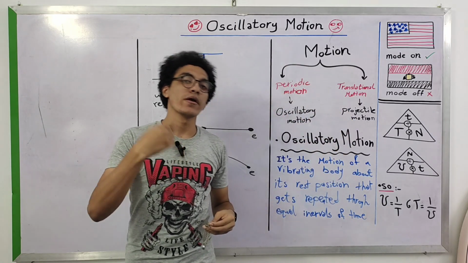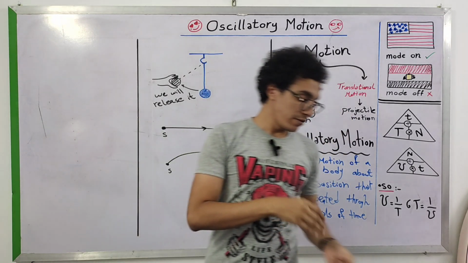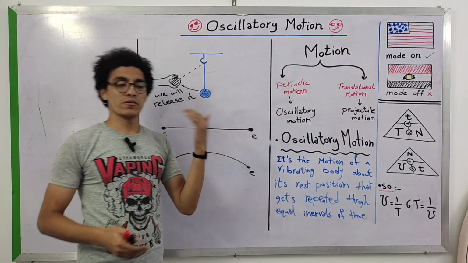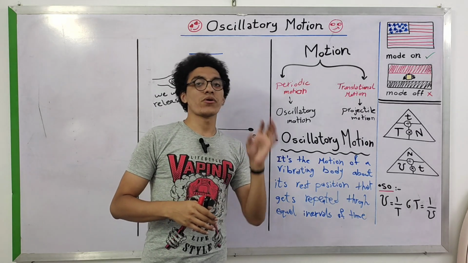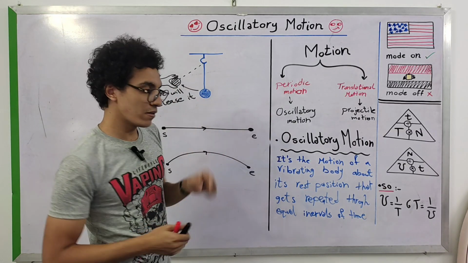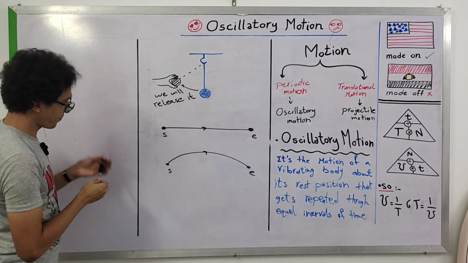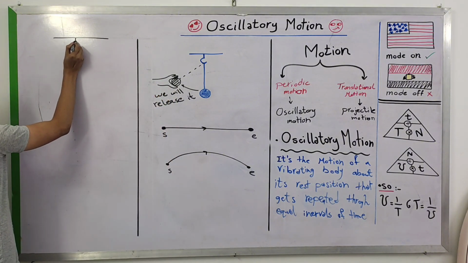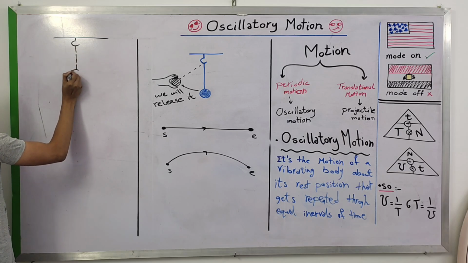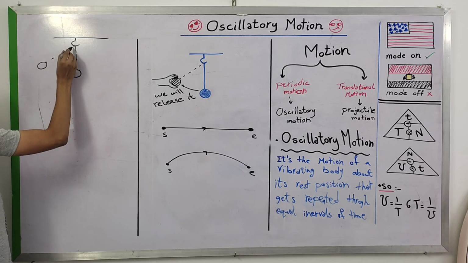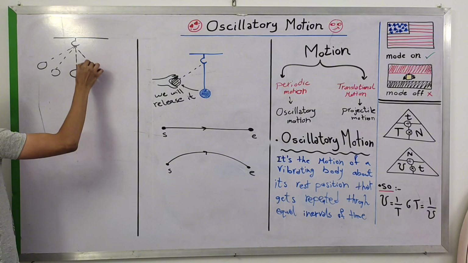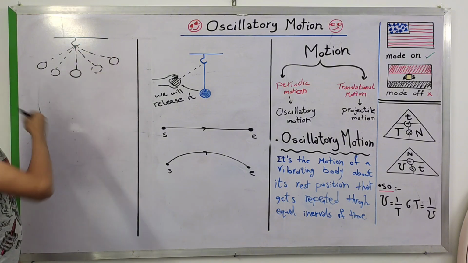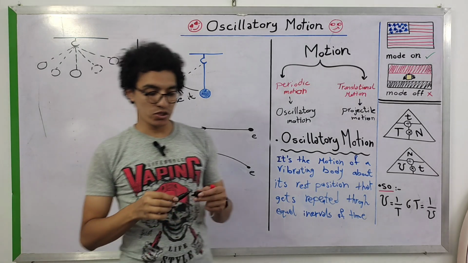In our problems and our course, we will always ignore air resistance. So the oscillatory motion will be like this, going back and forth about its rest position.